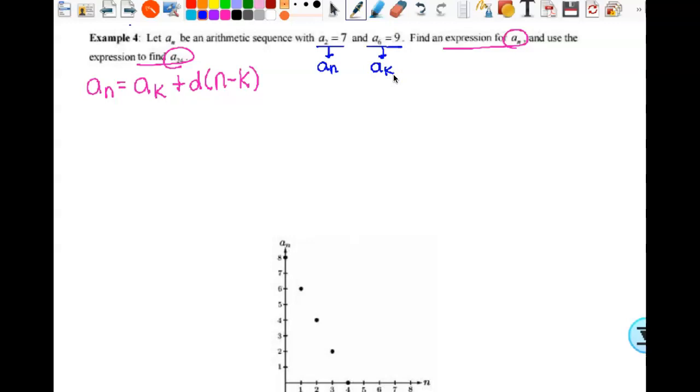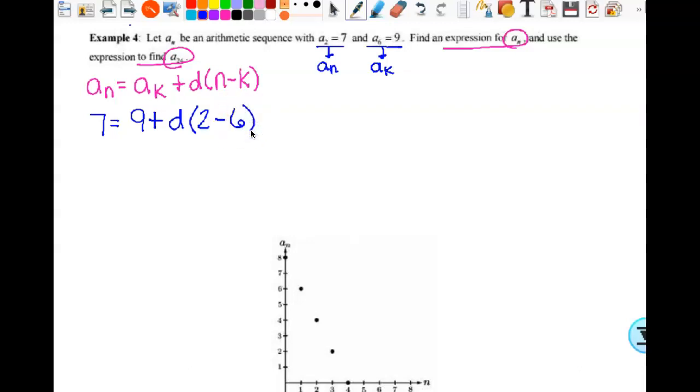Okay? So then I'm going to take those and substitute them into here. What is a sub n? 7. So 7 is equal to, what is a sub k? 9 plus d, which I do not know, times what is n? 2 minus what is k? 6.